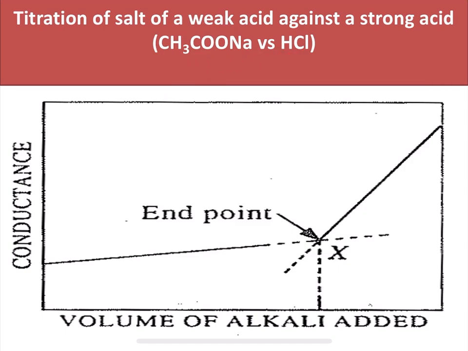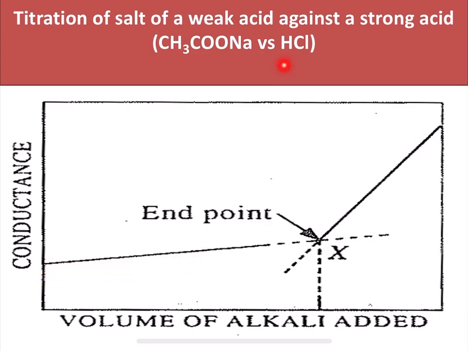So acetic acid, which is formed as a product, is a weak acid and contributes very little towards conductance. That is why we see the conductance in the lower range. Conductance is very low here, since acetic acid is a weak electrolyte, and the sodium chloride formed has almost the same conductance.